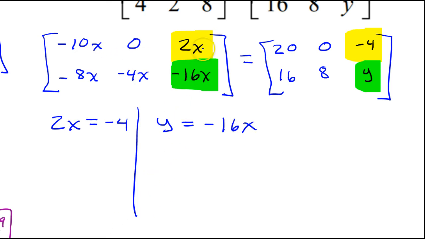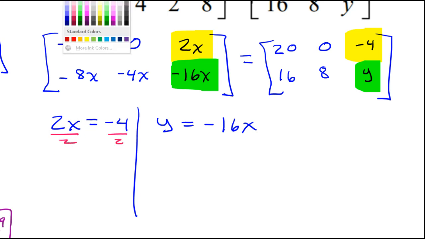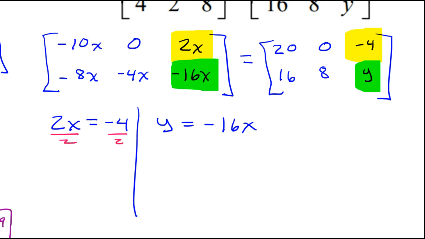Now look, a second ago I said, let me pick an easy one. Of course, negative 10x equals 20. That would have been easy as well, but, you know, smaller numbers, whatever. Anyway, I could very quickly solve for x on this side if I divide both sides by 2. So divide by 2, divide by 2. So that's going to give me x equals negative 2.